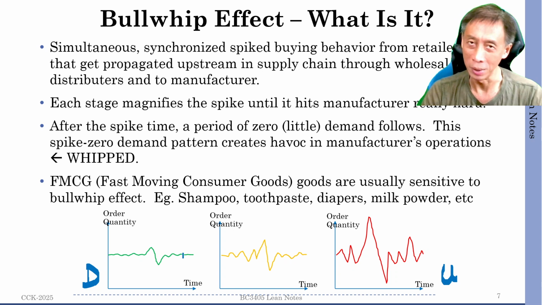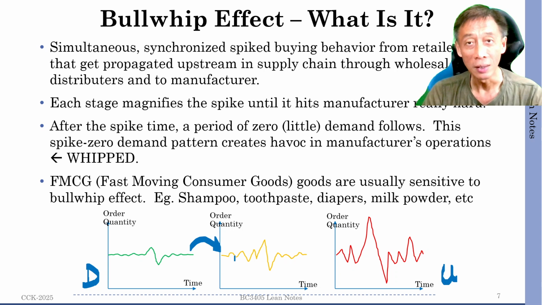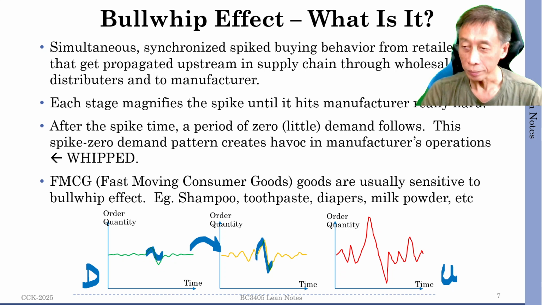Fluctuations will be inevitable. But when you go upstream to the wholesalers and the distributors, if you look at their time series on demands, you find that at the same time, roughly in the same month or around the same week, the small fluctuations observed in the retail stores will be magnified.